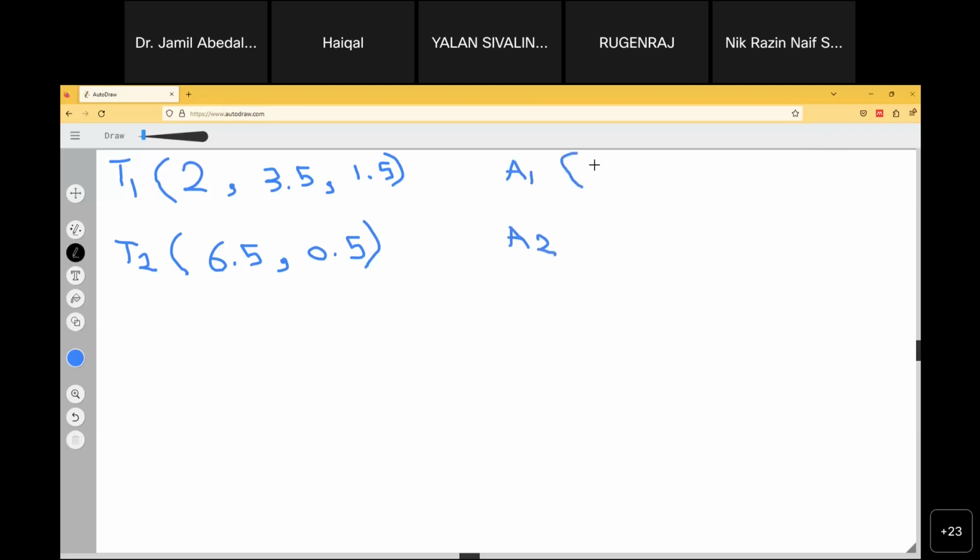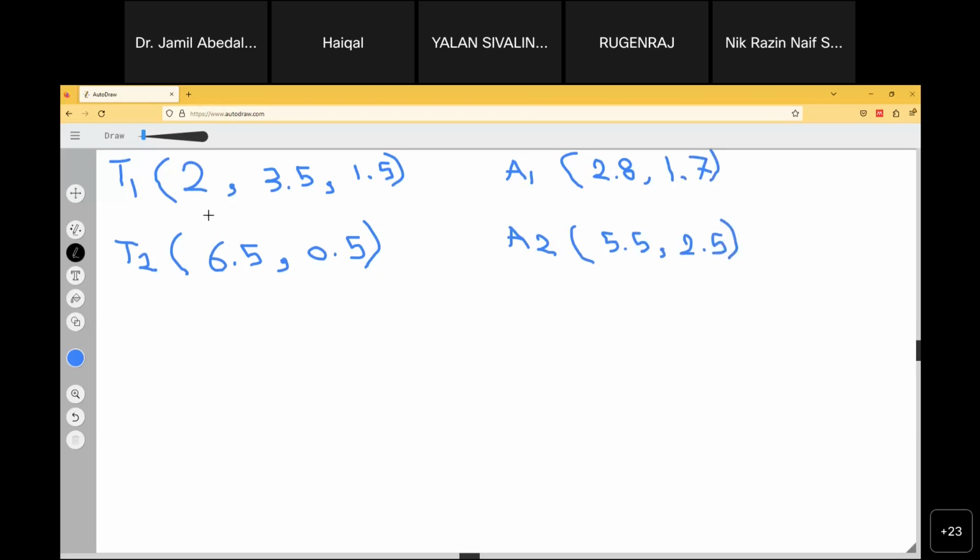First aperiodic A1: 2.8, 1.7. And A2: 5.5, 2.5.